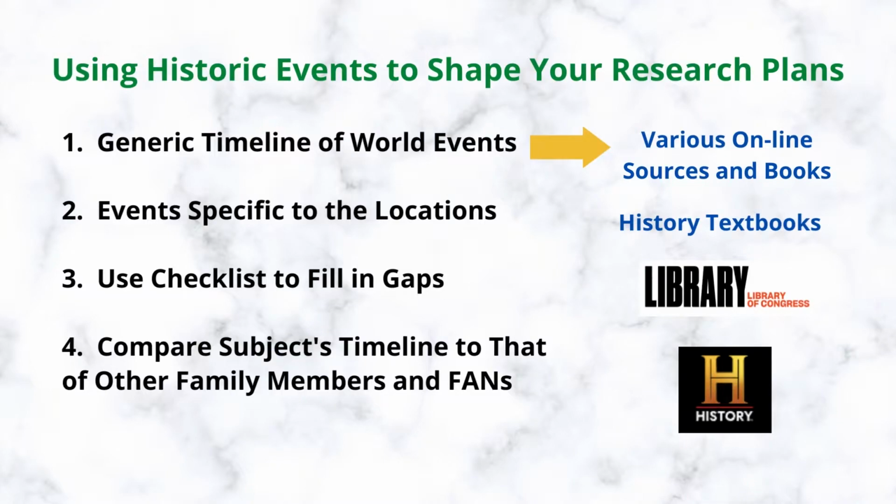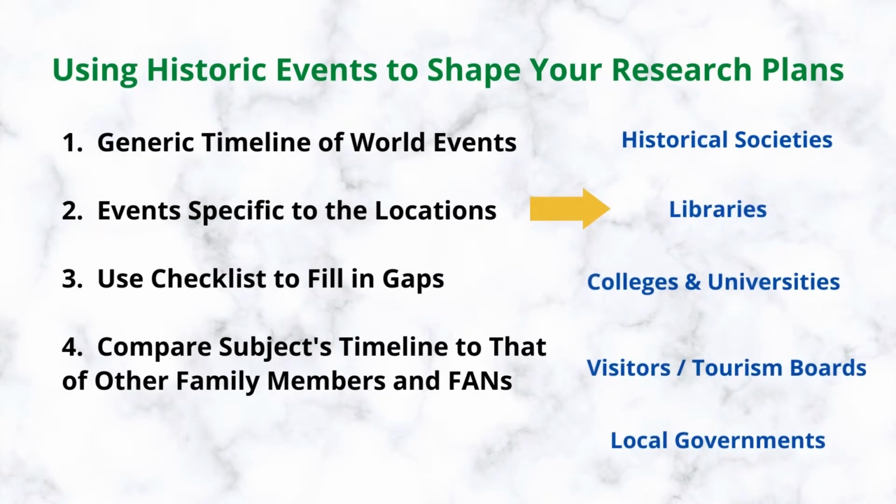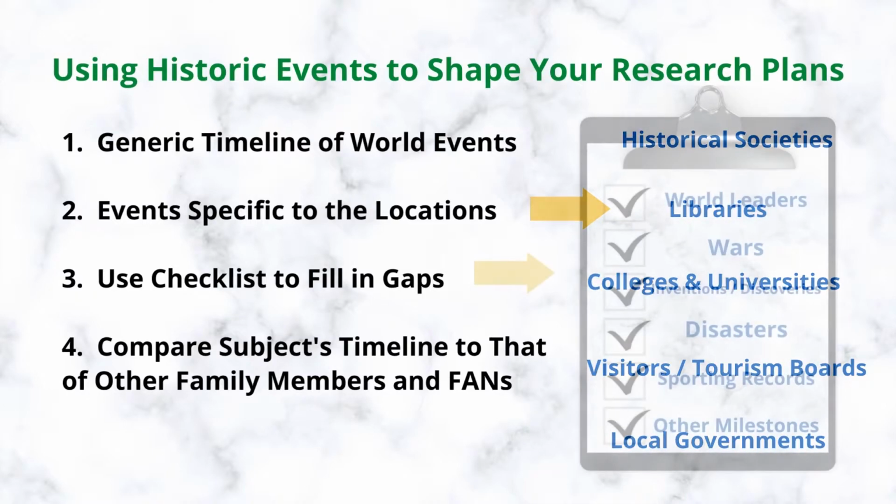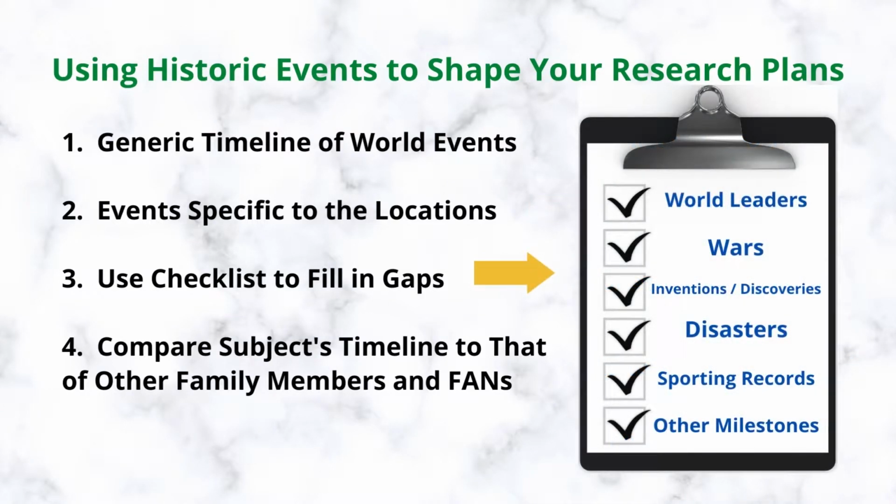Then add events specific to the location where your subject lived. Check local historical societies, colleges and universities, libraries, tourism websites, and local government websites. Next, use a checklist of the topics of interest to you to fill in any gaps.